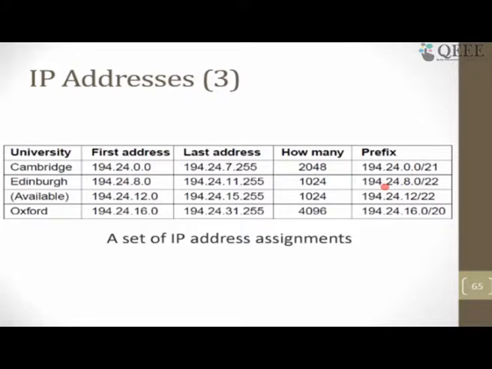And what is the prefix again? You see 194.24.0.0/21. Why 21? What is 2048? It is 2 to the power 11. So 2 to the power 11 addresses and 21 is the prefix. Okay, so 21 prefix and 11 address bits.